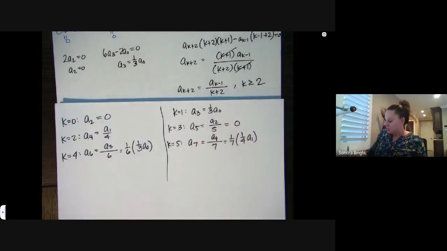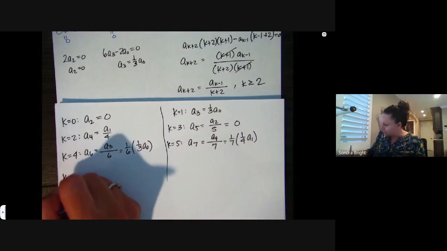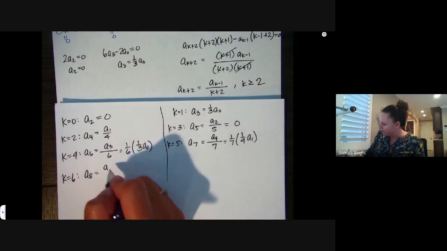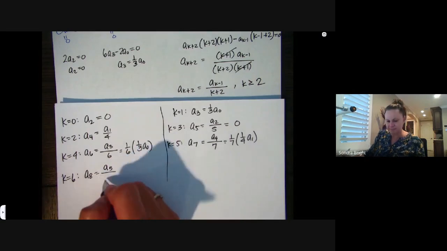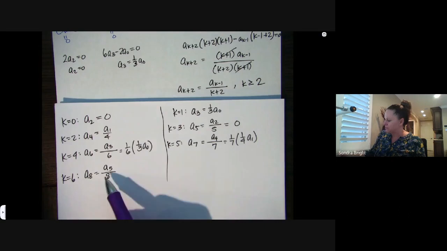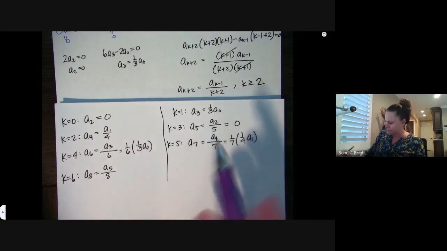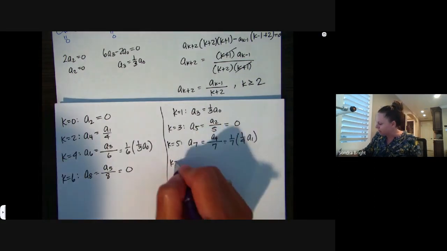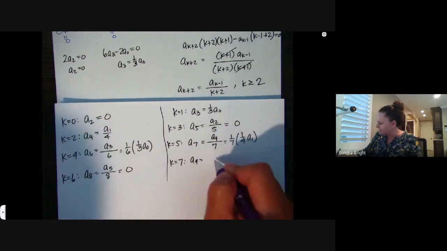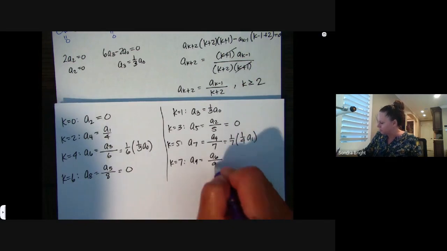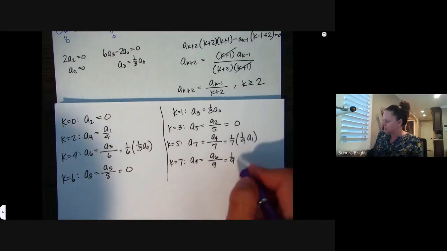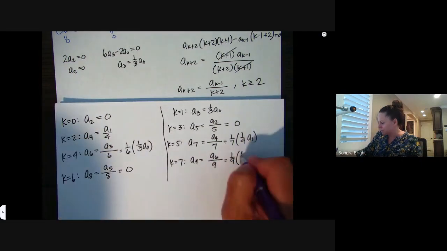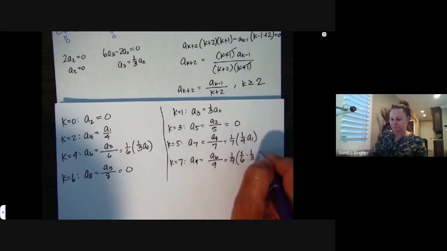Now, when k equals 6, you'll have a8 is equal to a5 over 8. But a5 was 0, so 1/8 times 0 is still 0. When k is 7, you'll have a9 is equal to a6 over 9, which is 1/9 times a6, which was 1 over 6 times 1/3, and then times a naught.